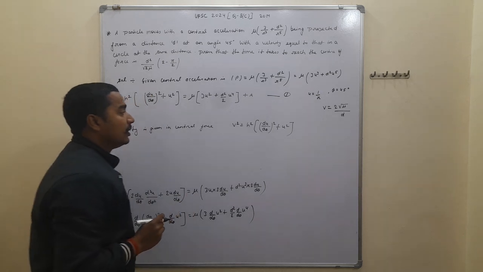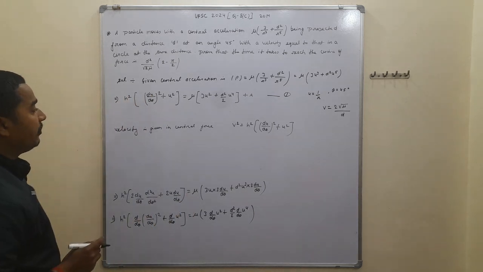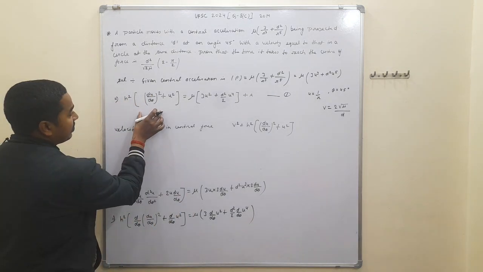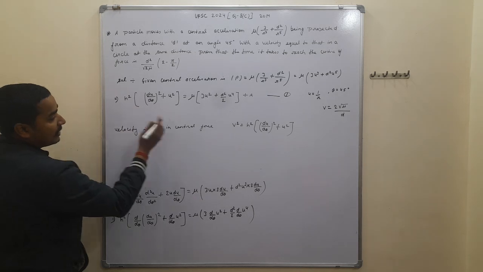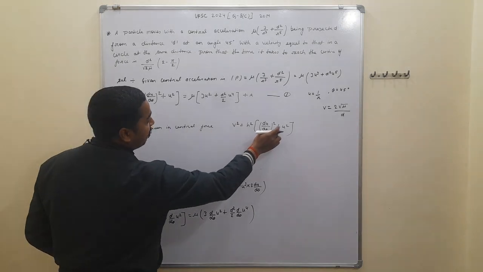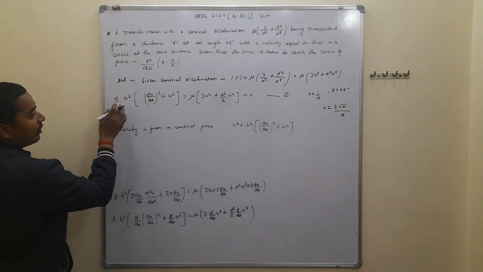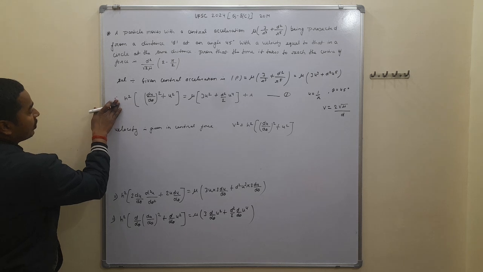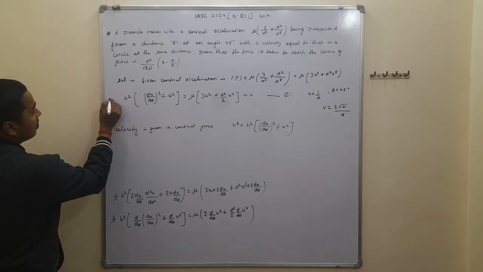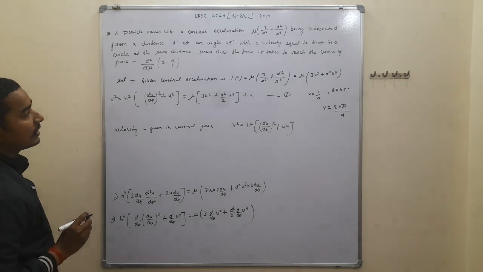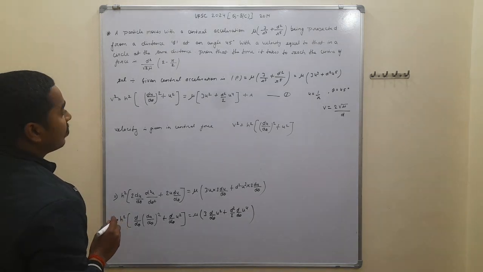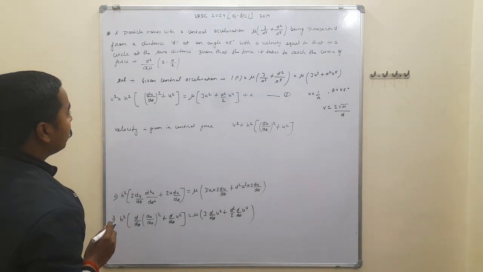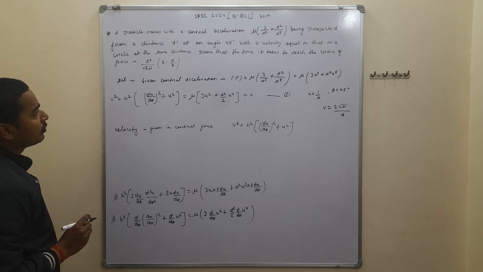This is the equation of velocity, and from here this is equal to h square into (du upon d theta) whole square plus u square, and we can let this be equal to v square. This is equal to v square, and further we have to solve.